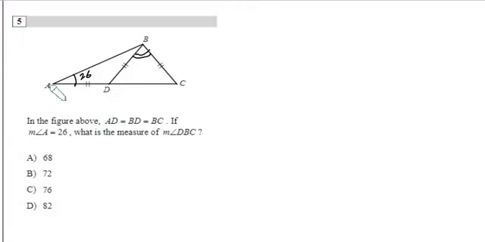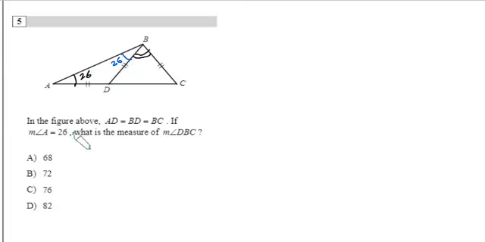Now you can see AD equals DB, so base angles must be equal, which means this angle and this angle must be equal. Why are base angles equal? Because AD equals BD. In an isosceles triangle, when two sides are equal, their angles at the base are also equal, which is why this angle will be 26 and this will also be 26.